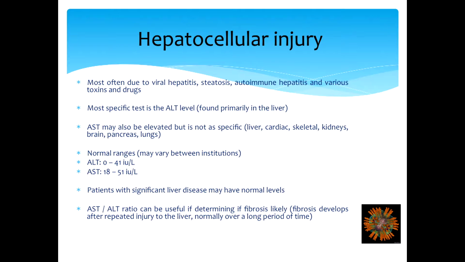So you'll find it in cardiac muscle, skeletal muscle, the kidneys, brain, pancreas, and lungs. I've put the normal reference ranges up there just for your reference, but again, you can have significant liver disease and these levels can be normal. You can also use some of these enzymes to work out a calculation, so the AST divided by the ALT, and in some cases, this can let you know if a patient is likely to have fibrosis. So scarring of the liver occurs when you have repeated injury to the liver.